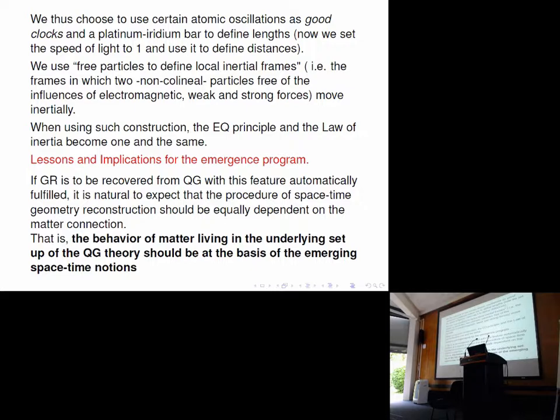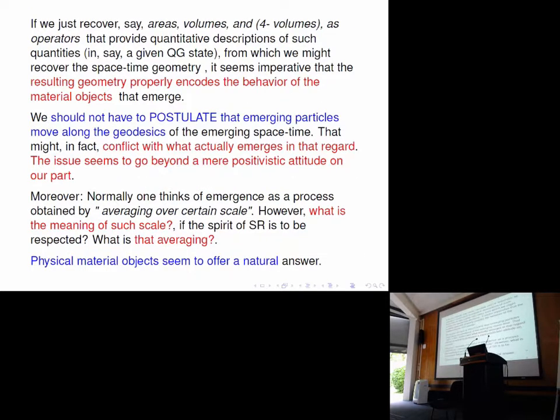Our notion is that if GR is actually going to be recovered from some quantum gravity theory with this feature, this identification of the equivalence principle and the law of inertia appearing in a natural way, it's probably natural to assume that that identification should be, in some sense, built in at every level of the recovery program and not only at the last level.